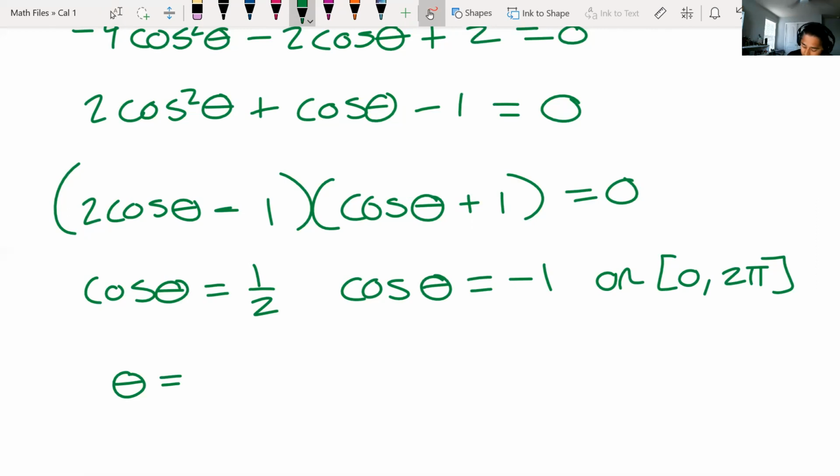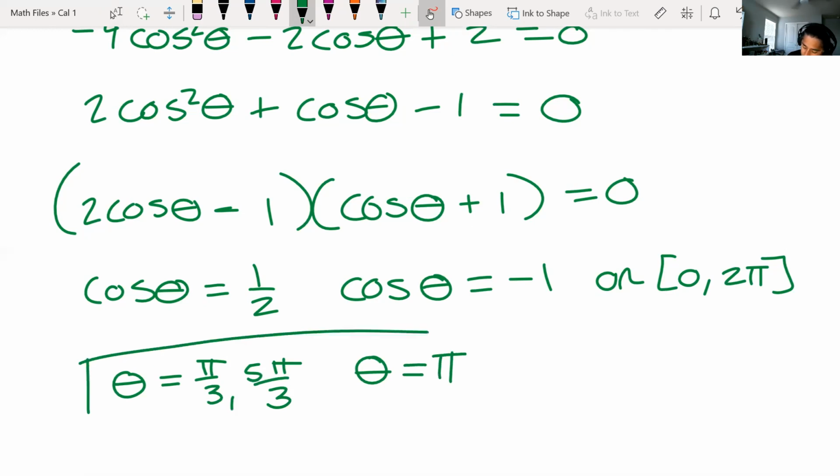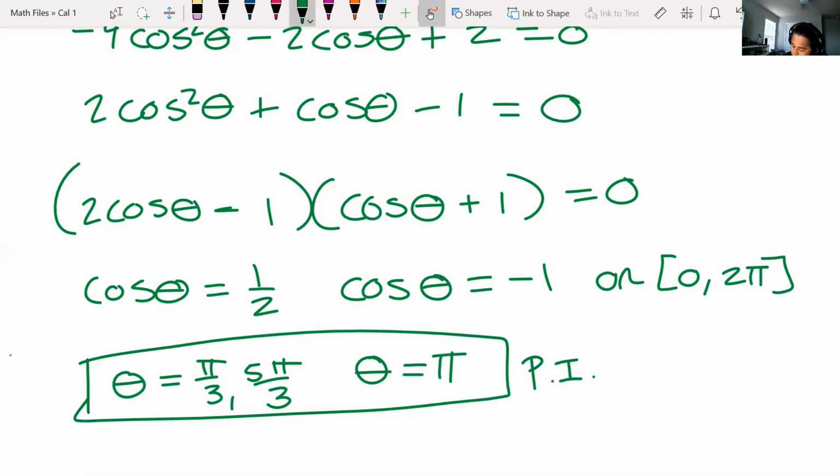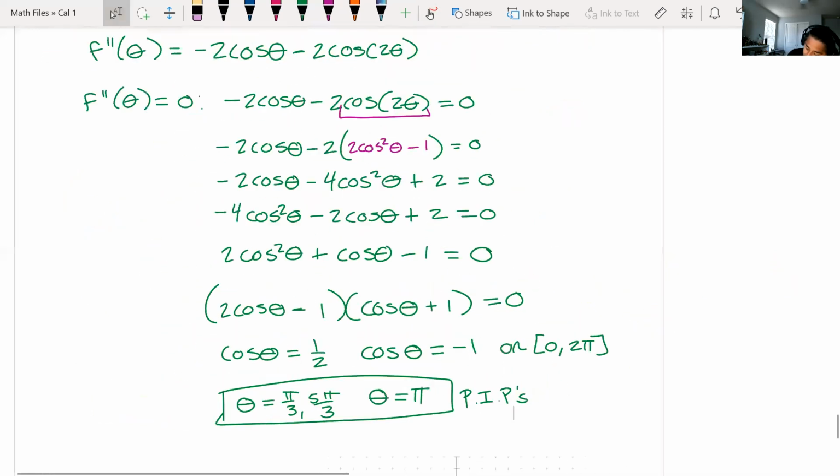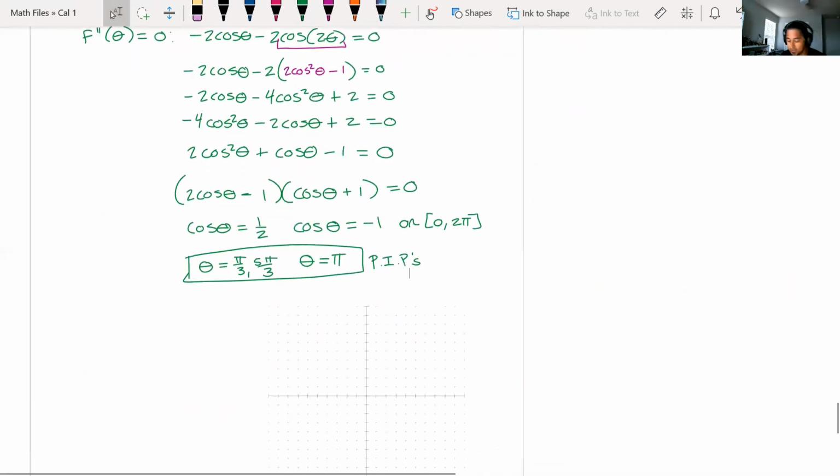Pi over 3 and 5 pi over 3. And which one makes it -1? Pi. Yep. Good. These are my possible inflection points. My PIPs. Oh man, look at that.